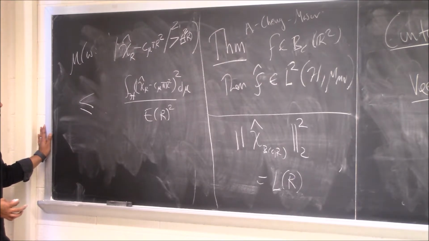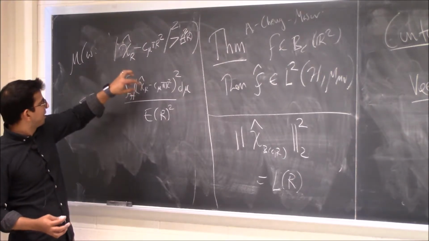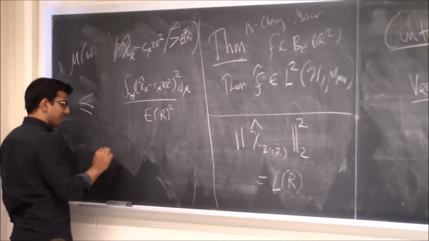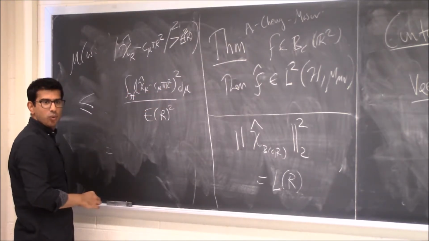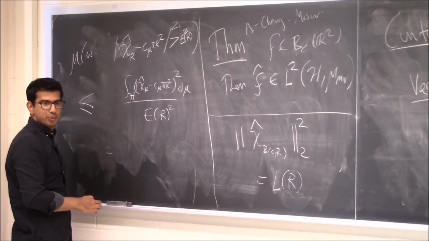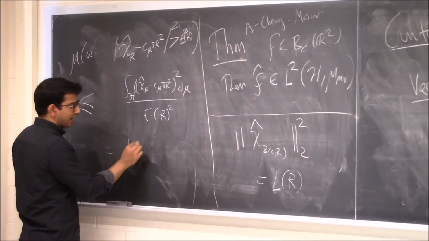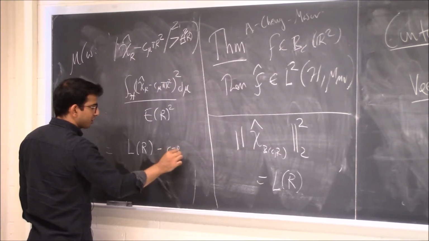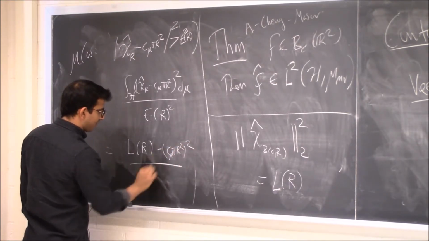Now this is the difference between the function and its mean, squared. So this is the L2 norm squared minus the L1 norm squared. So this would just be L of r minus c mu pi r squared, quantity squared, divided by E of r.